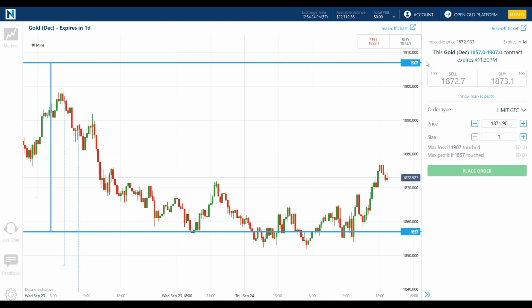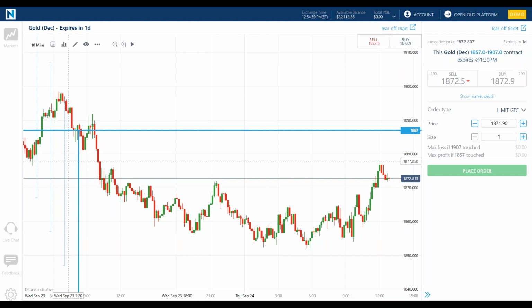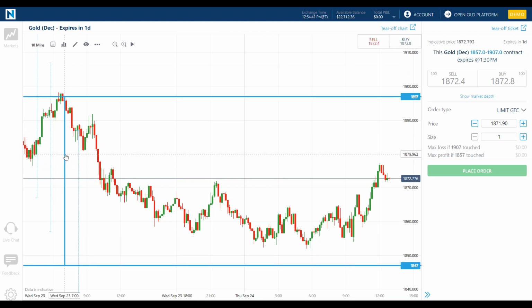If I wanted to choose a different knockout range, this is why it didn't particularly matter which one I clicked on initially. On the left-hand side of the chart, there are four blue lines, and I can quickly switch to a different one by simply clicking on it. This is one where the price is right now in the middle of the range.